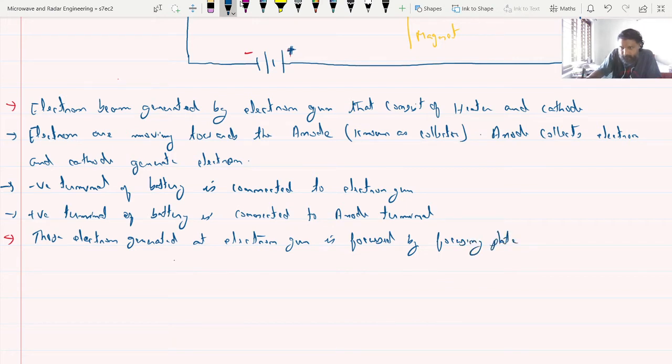The focusing plate is focusing the electron beam generated by the electron gun.